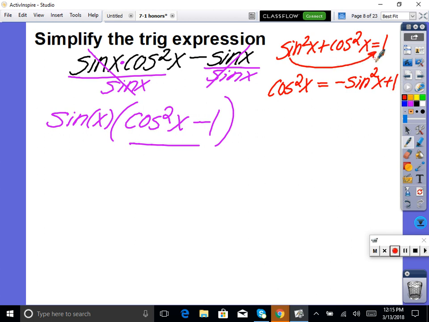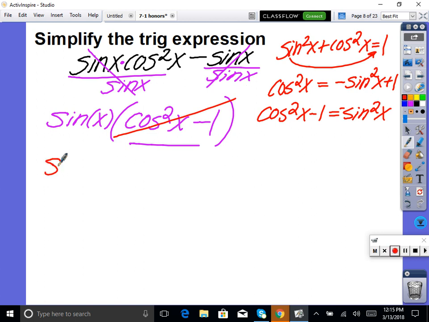So then wouldn't I subtract 1? Cosine squared x minus 1 equals, oh, no, equals negative sine squared x, right? If you look at it, so that is negative sine squared x. Are we all seeing it?